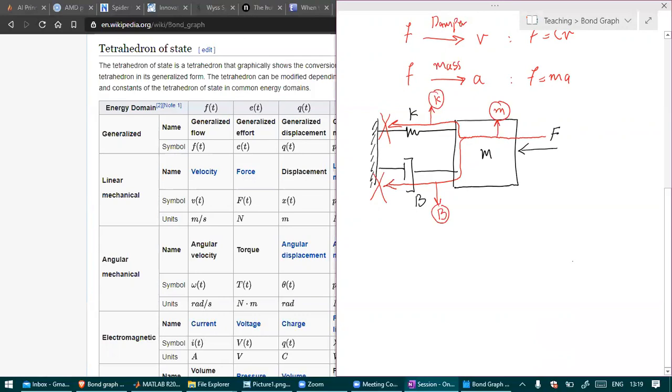Okay, now let's draw the bond graph. The force is shown by a source of effort. Source of effort is a source that assigns the effort to the system. And here for a mechanical system, the effort is F. Then we draw an arrow.